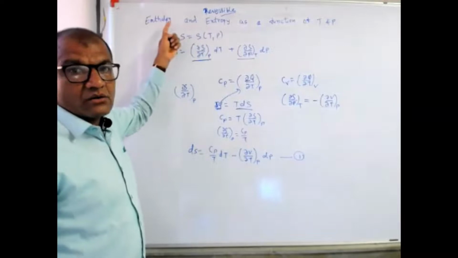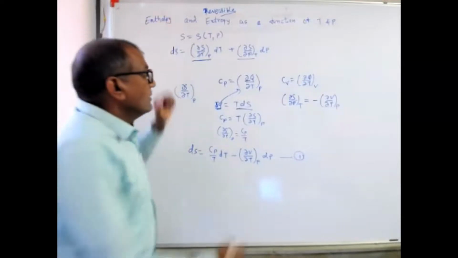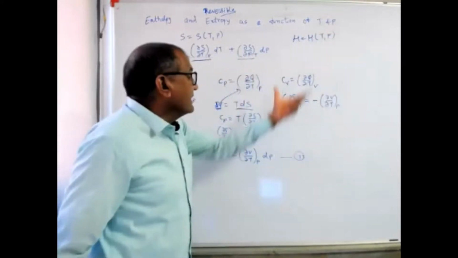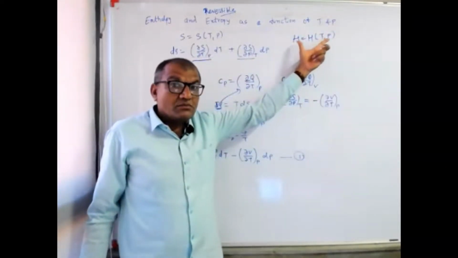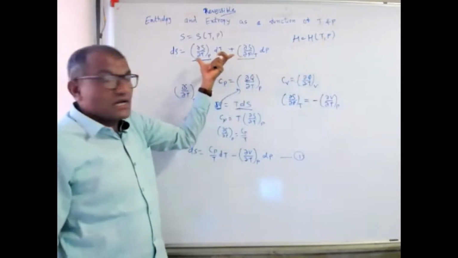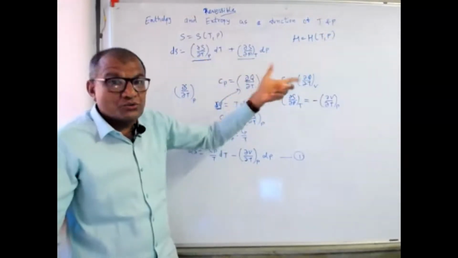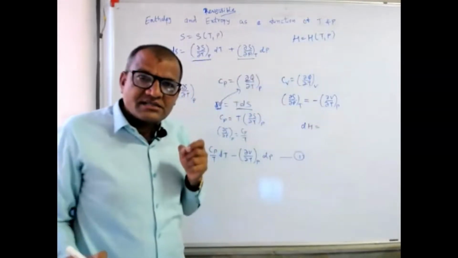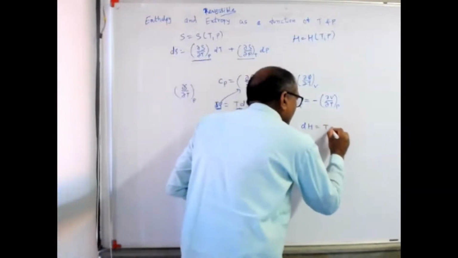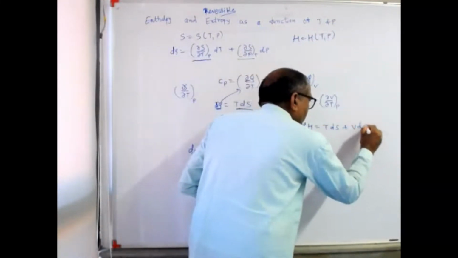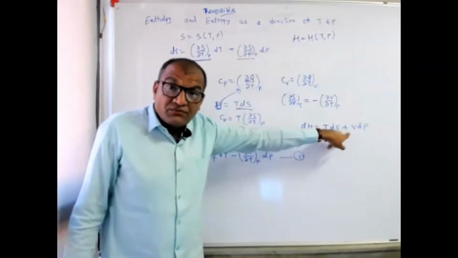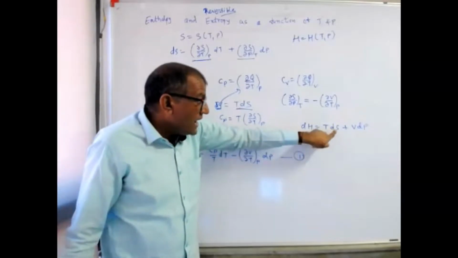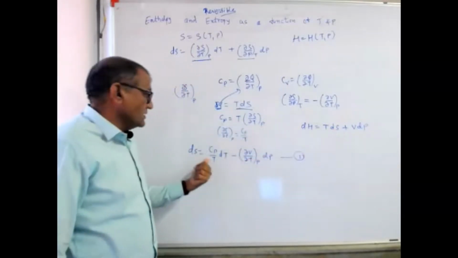A similar equation we can also write for enthalpy. Here also I can expand this equation in terms of temperature and pressure using partial derivatives, but I'm not going to do that because I have the fundamental property relation, dH equals T dS plus V dP. This is one of the fundamental property relations for pure compounds. I can replace this dS using the previous equation.